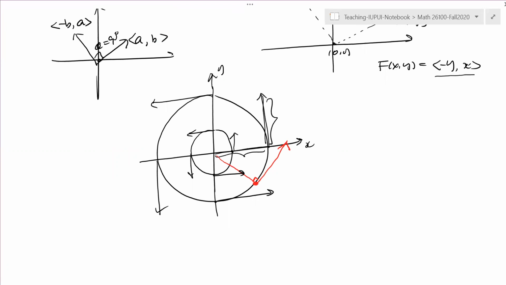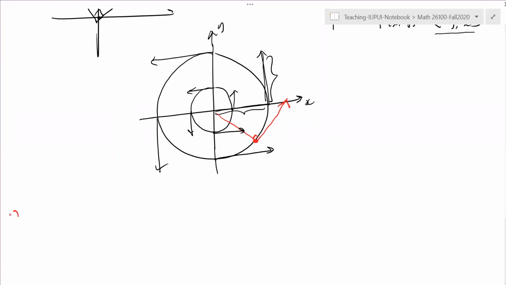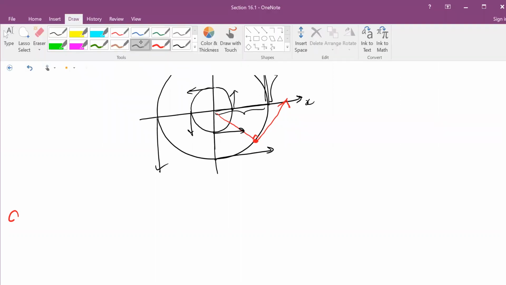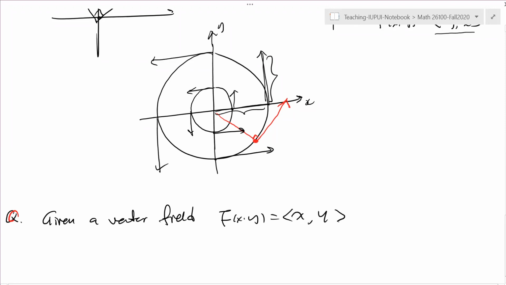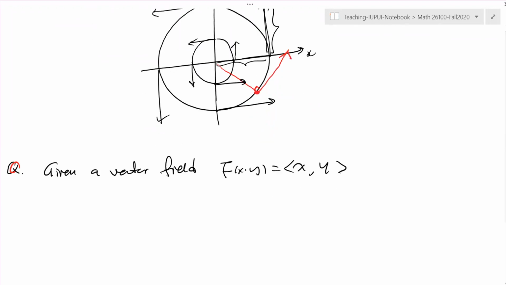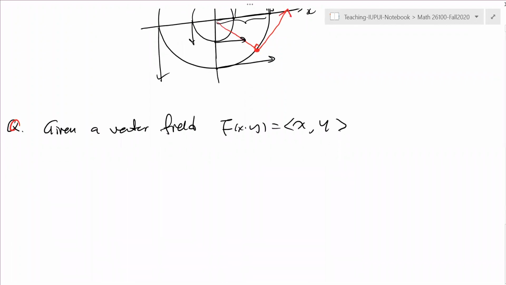Now, if I change the problem a little bit, given a vector field f of x, y is just x and y, how does it look?